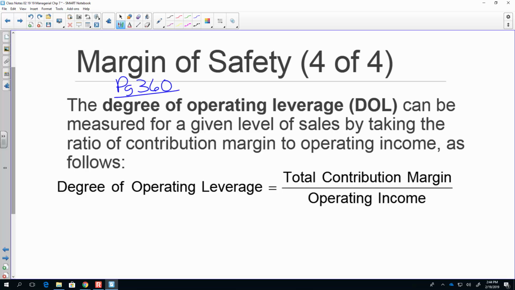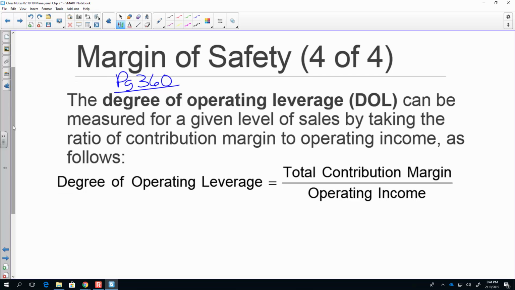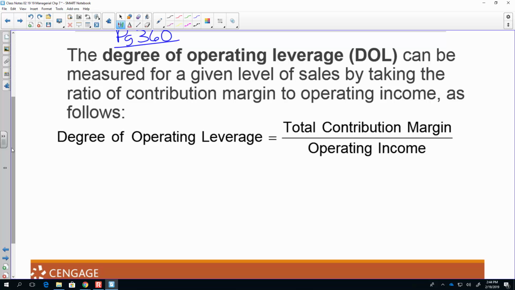It's the degree of operating leverage, DOL. Computation's easy. You take our margin dollars over income dollars, and you get a number. An operating leverage is a number. The larger the number, the more risk your company has with changes in sales.